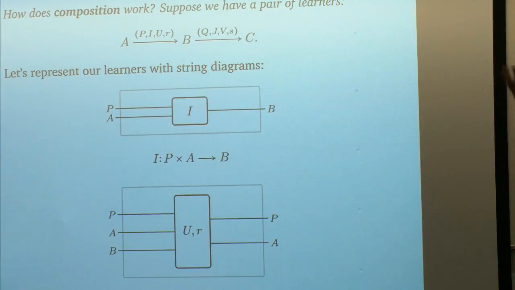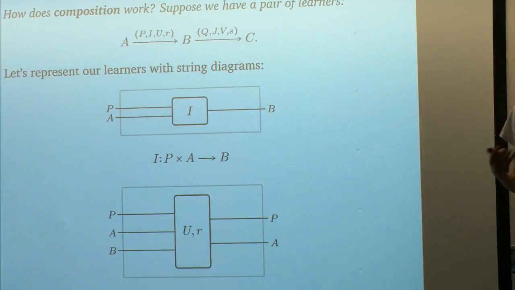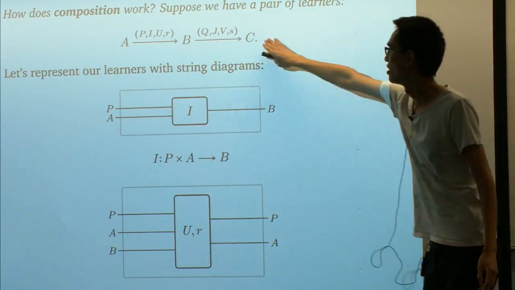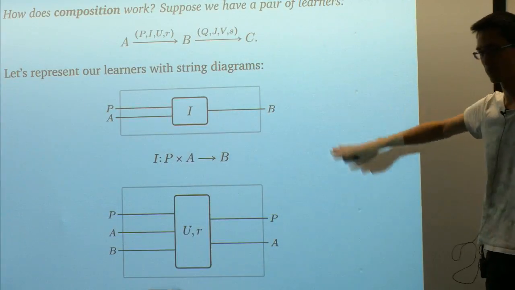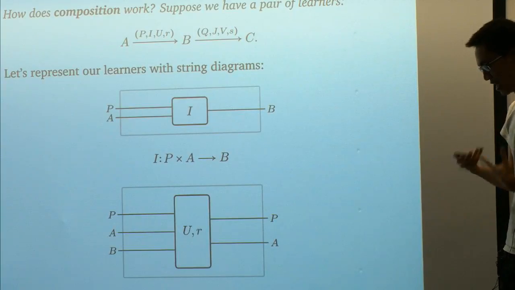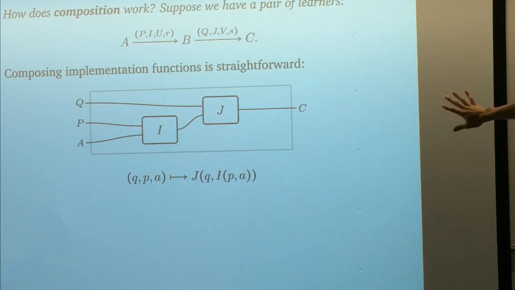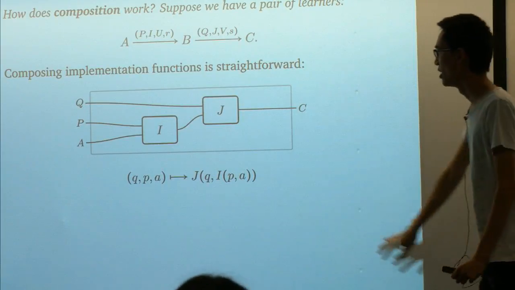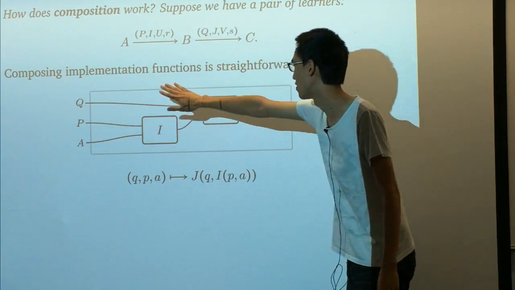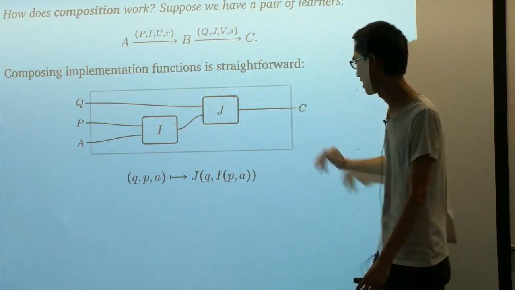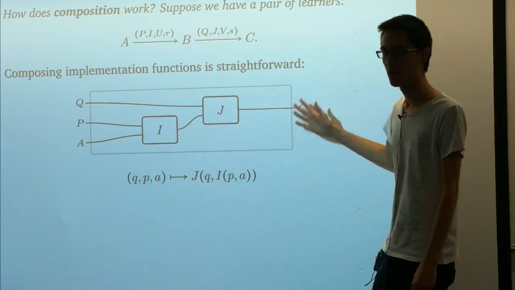The key idea here is that we can just really follow our nose. We have the types of the composite data, and we've got some pieces with which we can assemble things of that type, and we do really the only thing we can. A very simple example of this is the implementation function. Here we're looking for a function Q times P times A to C. We have these values Q, P, A, and we want to get a value of C. How do we get a value of C?